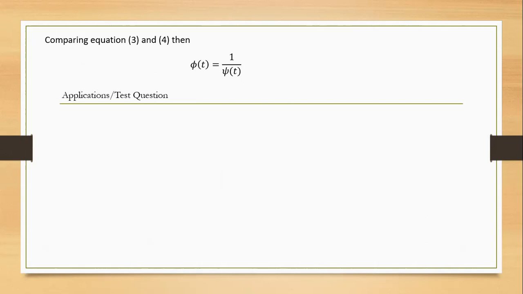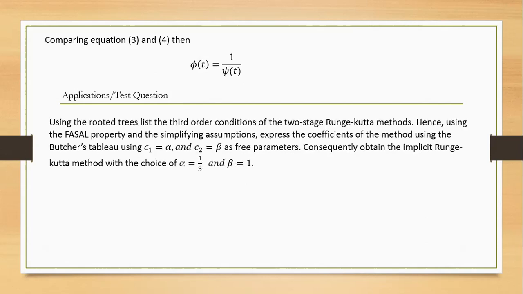Now let's see an application of the rooted tree to Runge-Kutta. We are going to look at the test question. Test question number 2. Using the rooted tree list, list the third order conditions of the two-stage Runge-Kutta method.